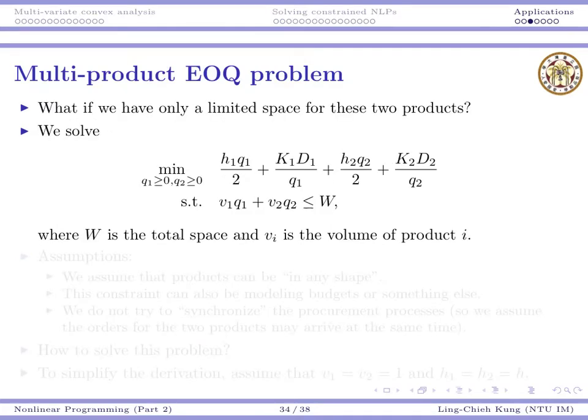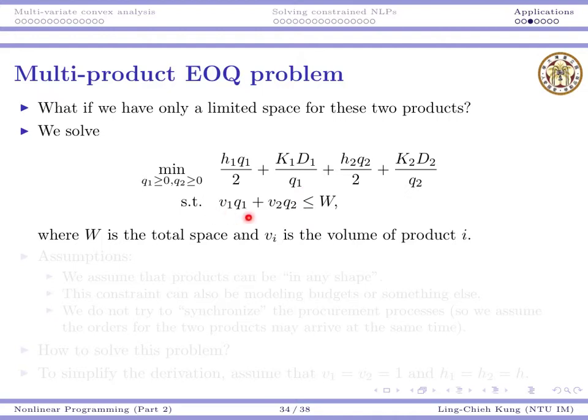But in some situations, there is a constraint. For example, we may have only a limited space for these two products. You may imagine that we have a warehouse and the space is limited. Product 1 and product 2 have their volumes, so the total volume of our inventory cannot be greater than our total space or warehouse capacity.